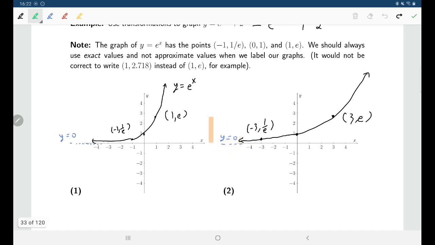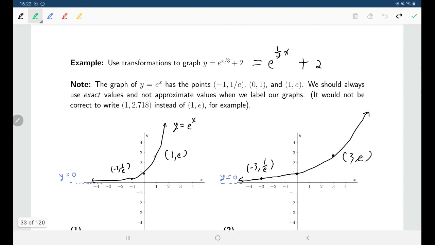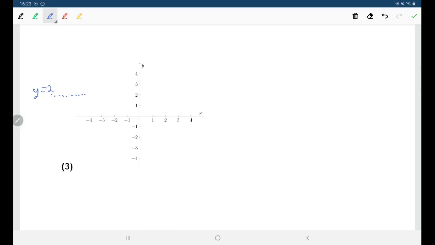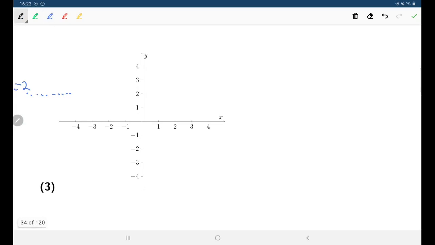So when I graph it, I'm going to start by graphing my points and my horizontal asymptote after shifting everyone upward by 2. The horizontal asymptote was y equals 0, and we're going to shift it upwards by 2 to make the line y equals 2. And now for my points. I had the point 0, 1, which when I shifted upwards by 2, that's the point 0, 3.